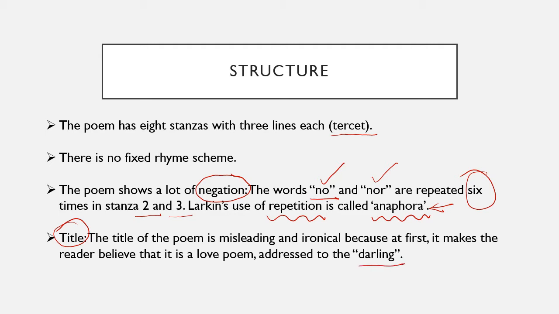And as I have written here, the title of the poem is misleading and ironical also, because immediately when you look at the title, you feel as if this is some kind of a love poem, but it is definitely not a love poem. So the title is misleading. Misleading का हिंदी में मतलब होता है कि ये हमें एक तरह से गुमराह करता है. ऐसा लगता है टाइटल पढ़ने के बाद कि ये एक love poem hai, but actually this is not.